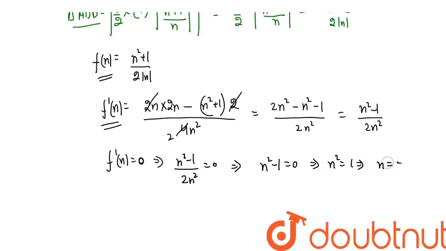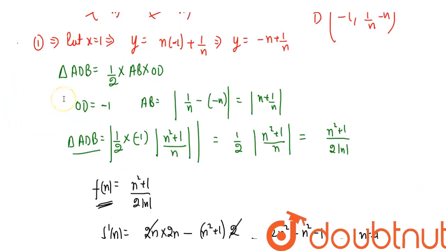So we get n is equal to plus minus 1. So we are getting two values of n for which this function f of n, the area of the triangle ADB, is maximum, and those two values are plus minus 1.